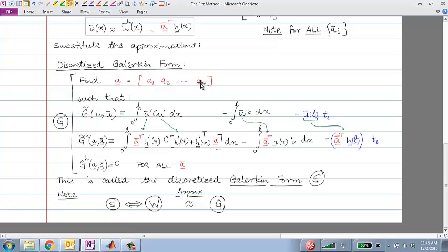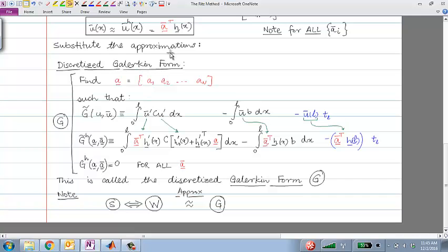And when I do that, that would be an approximation of the principle of virtual work form, or the weak form, that will make sure that this goes to 0 for all possible a bar, or all possible u bar functions within that small space. Okay, and this particular problem is called the Galerkin form of the weak form that we had originally developed.